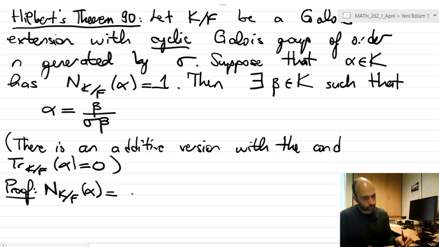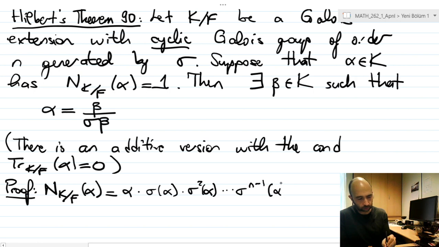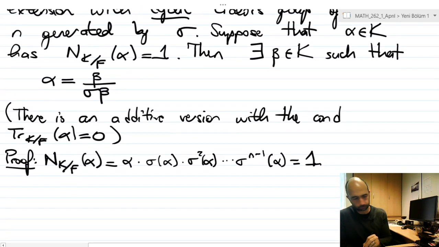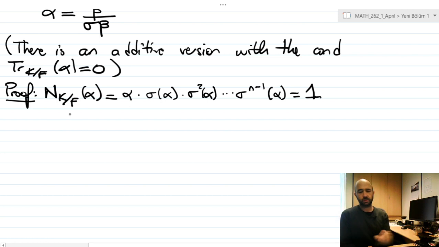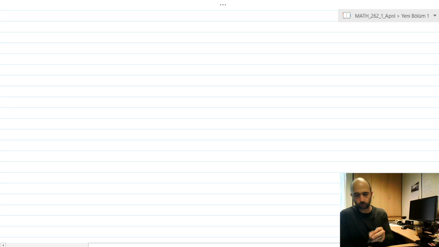So the first element is identity in the group, and then you have sigma, then you have sigma squared, and so forth. And we also know where to stop. The order of this element is n, so the last thing we'll write here is sigma to the n minus 1 of alpha. This is assumed to be 1, right? Notably, all of these things are non-zero, so their product is 1.